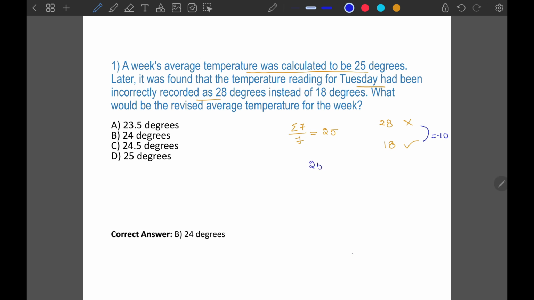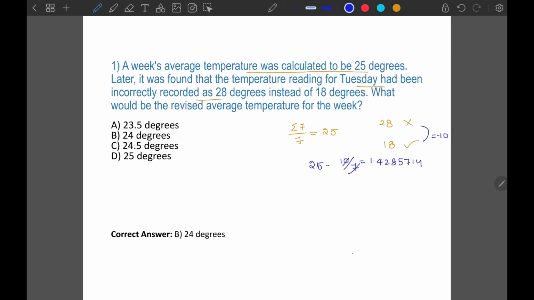So 25 minus 10 by 7. We know 3 by 7 is 0.428, so 10 by 7 is about 1.43.